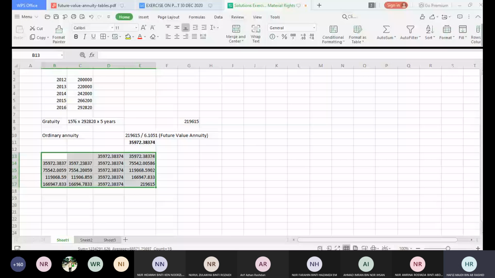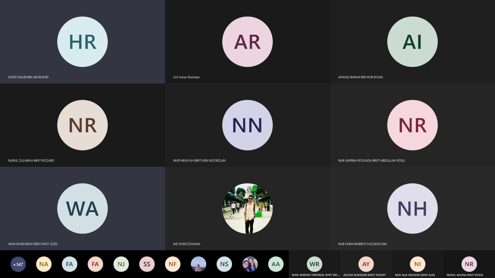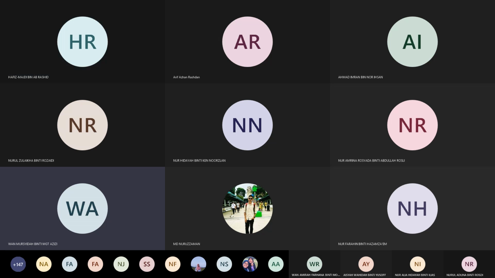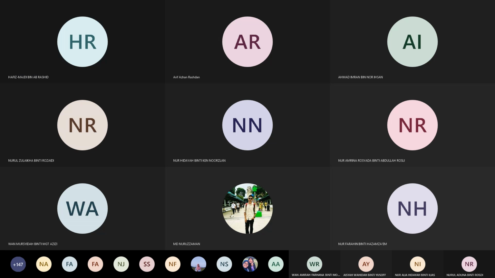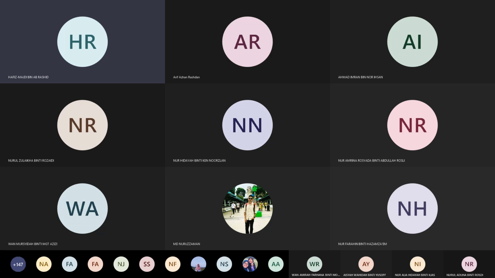What is actually the thing that you highlighted in the Excel, the group of numbers? Oh, in this table, sorry, I stopped sharing. The one which I highlighted is 35,972.38. That is the annual contribution the company needs to save, so that is the answer.